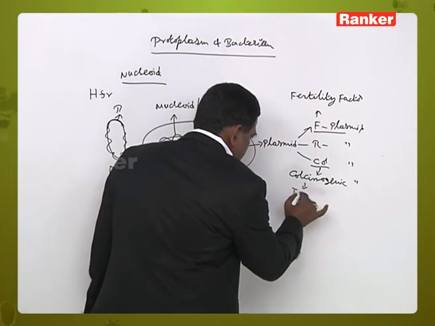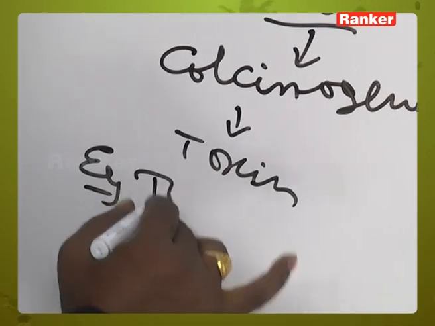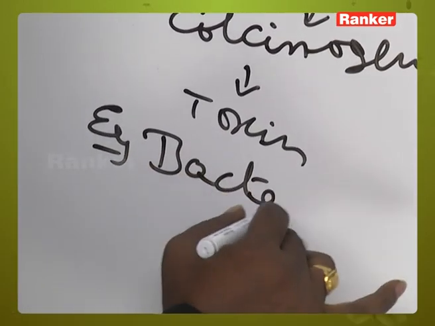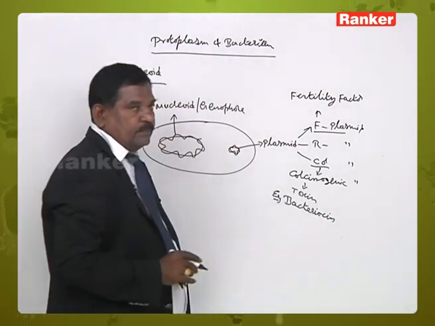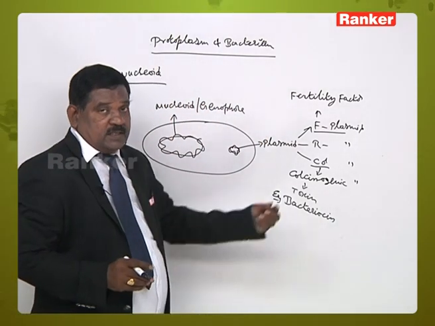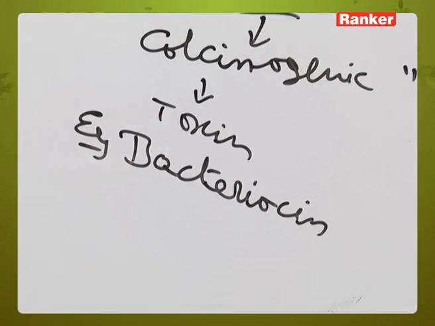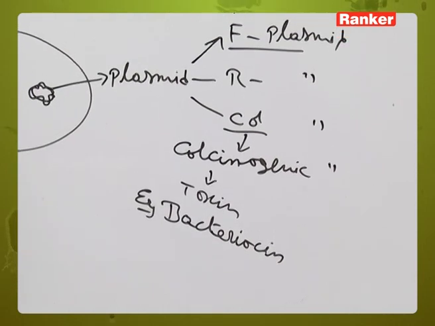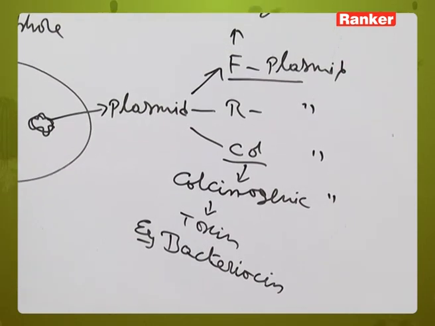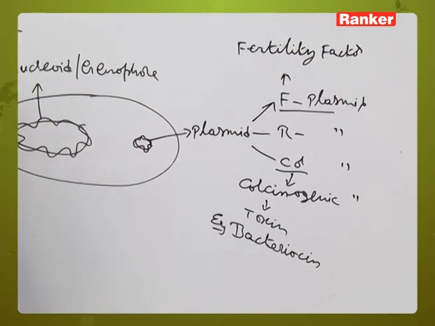One example of this toxin is bacteriocin. These toxins kill other harmful enterobacteria. So, Col plasmids secrete toxins that are harmful to other enterobacteria present inside organisms.